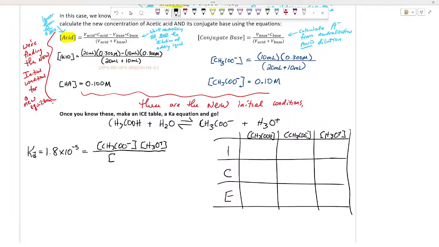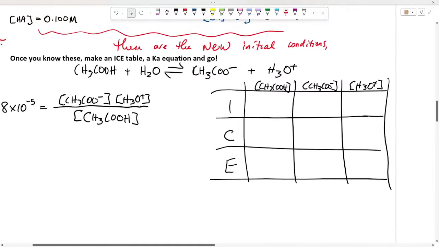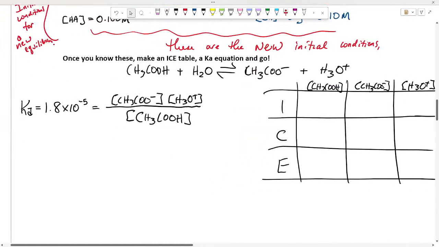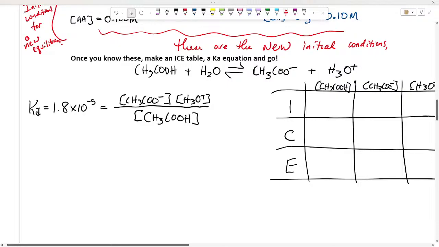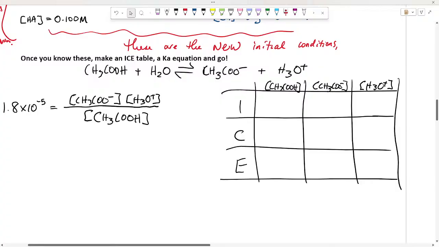The only difference is that we have different initial conditions. I'm going to give you, what do you think, 6 minutes? Is that plenty? Okay, take it away.